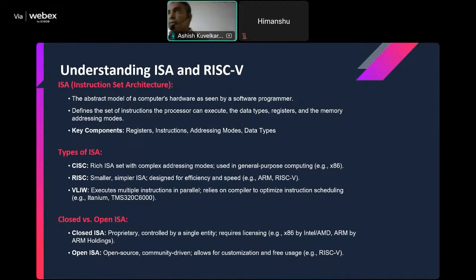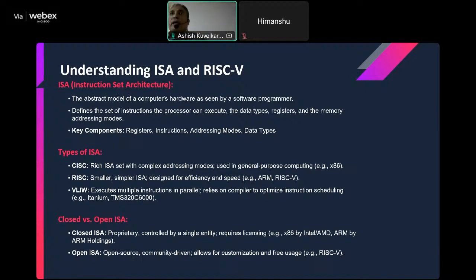Of course, over time, to try and match what the CISC architecture can do, people have had to expand out that instruction set to be able to do more. But typically, these are instruction sets that are designed for efficiency, speed of compute, simplicity of programming. Right? So that's what a RISC architecture would be. There are, of course, architectures like VLIW, which is the very long instruction word. You find them in DSP engines, etc.